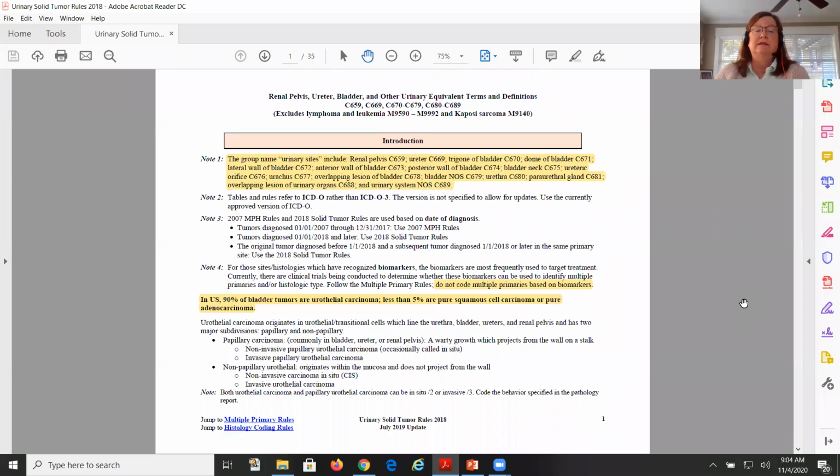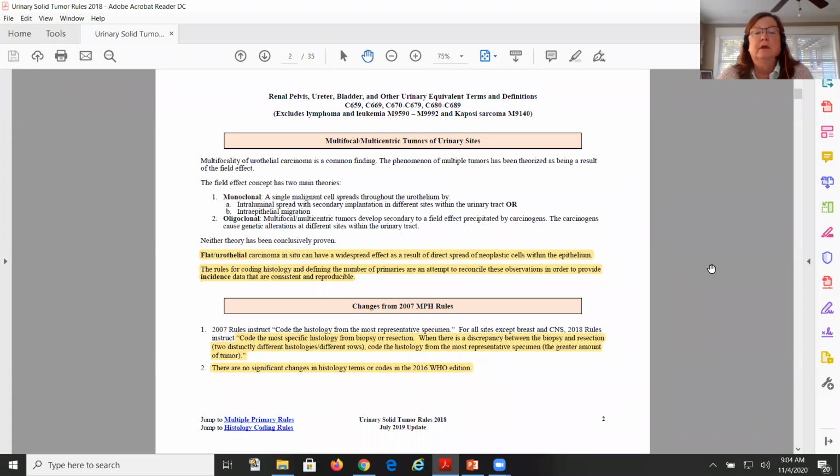In the United States, 90% of bladder tumors are urothelial carcinoma. Less than 5% are pure squamous cell or adenocarcinoma.